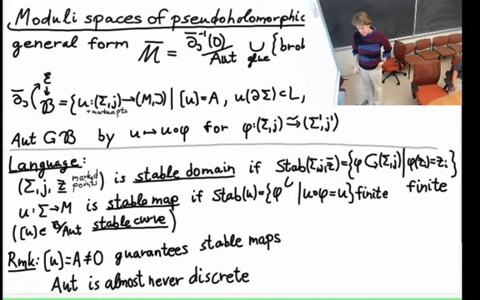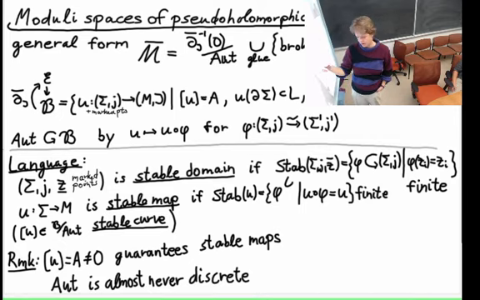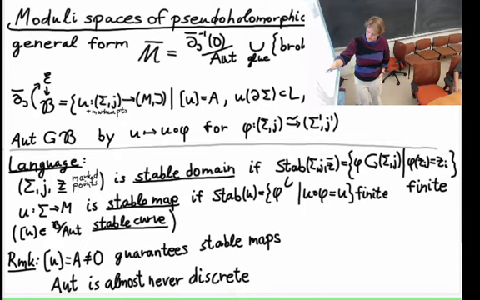Right, and so we'll usually look at somewhat non-trivial homotopy classes. However, there's some notion of finite energy, and the maps not being constant but having finite energy will, in all cases I know, guarantee stability for the maps.